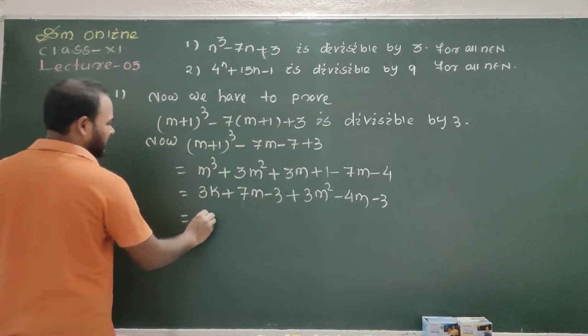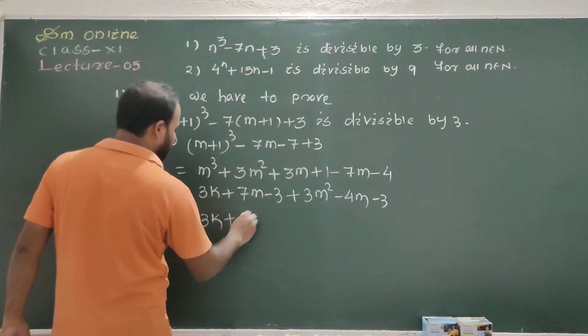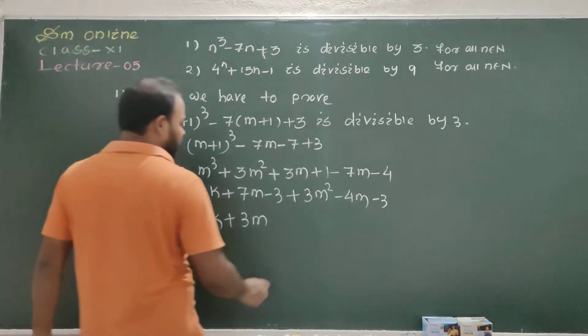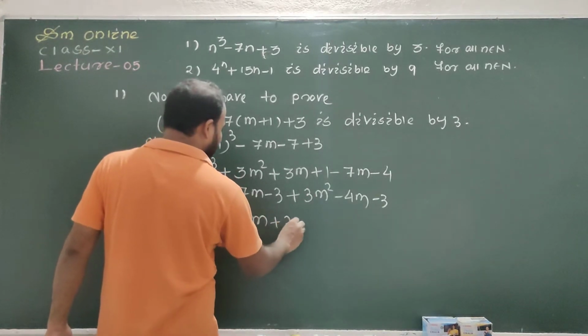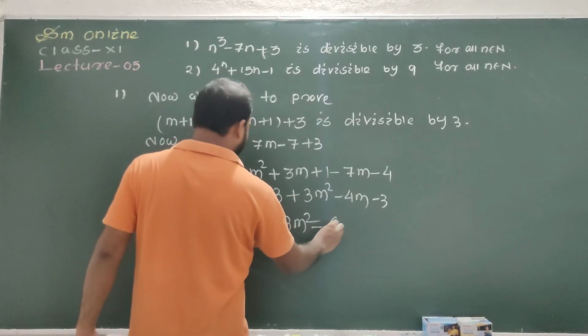Again it is equal to 3k, and 7m minus 4m is 3m, plus 3m squared, and minus 3 minus 3 is minus 6.